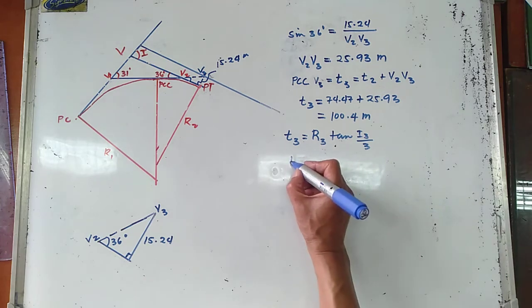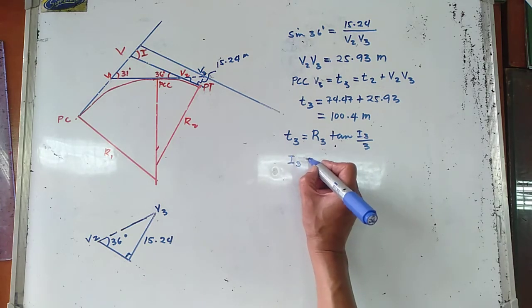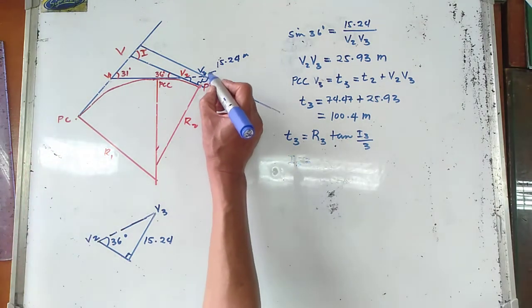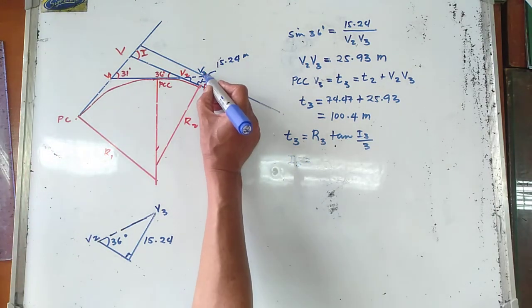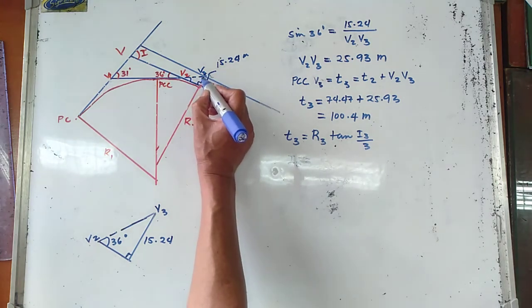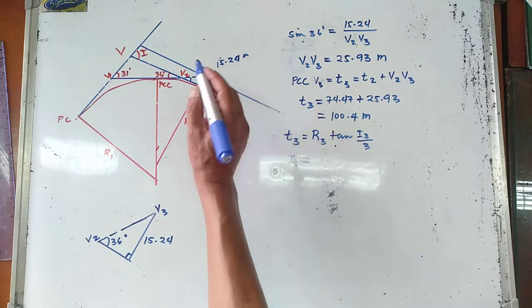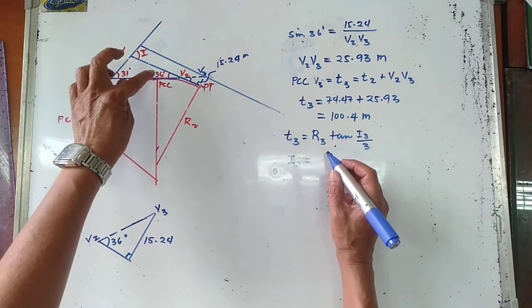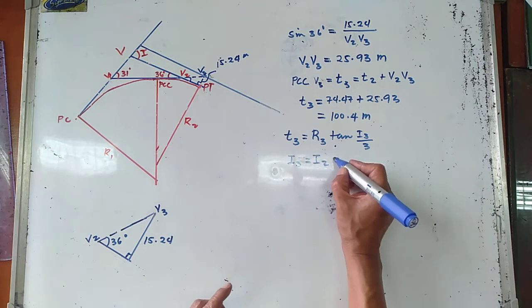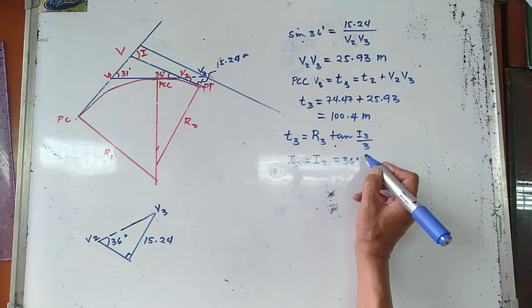So your I3 in here is now equal to, if you try to prolong this one in here, your I3 is now equal to I sub 2, which is equal to 36 degrees.